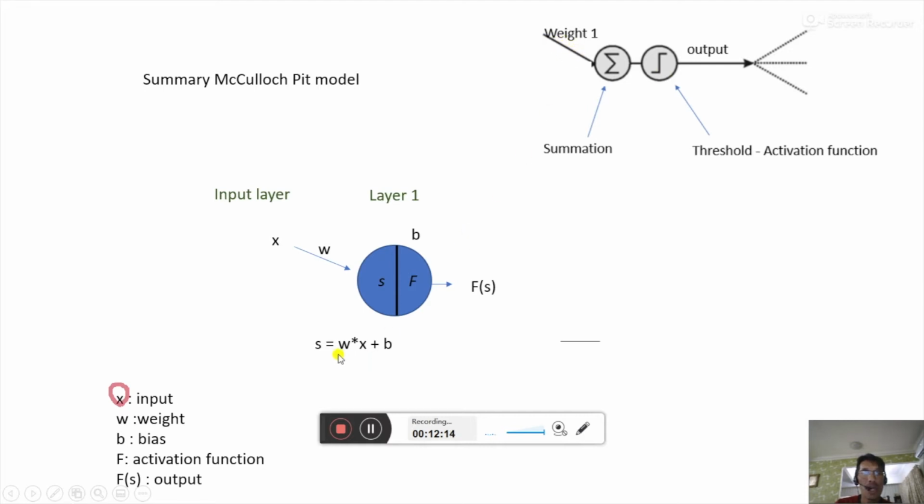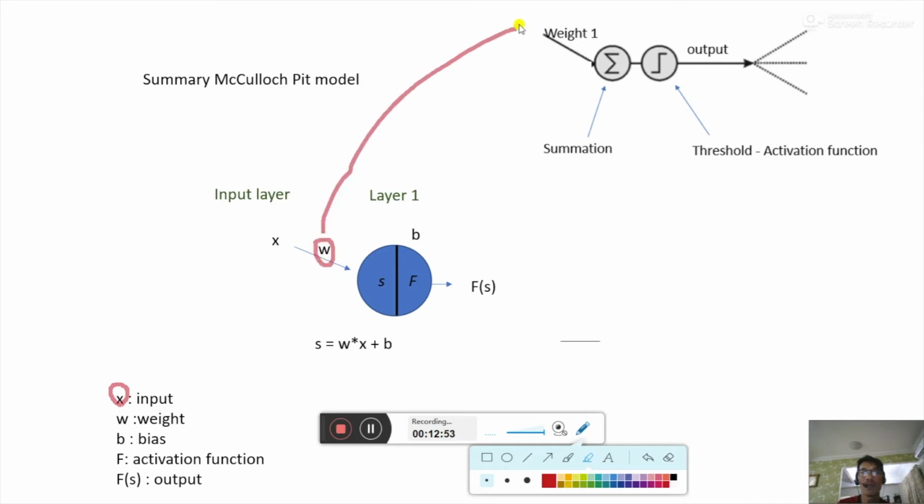So basically you have S equals W multiplied by X plus B. And X is the input data from outside sources like sensors, skin, and so on. W is the weight. So this weight is basically this one.